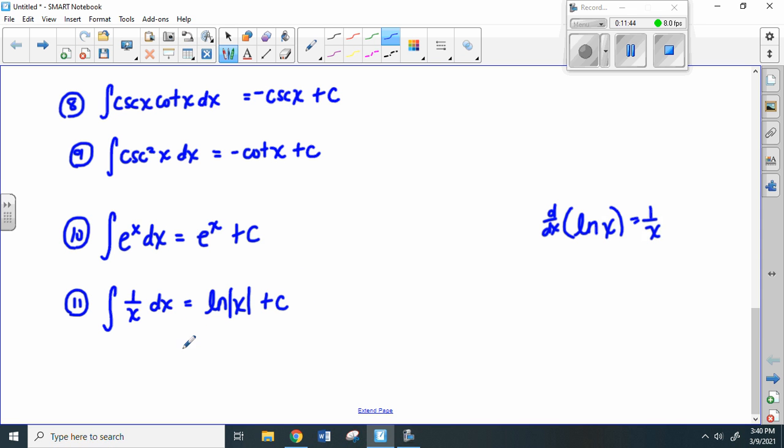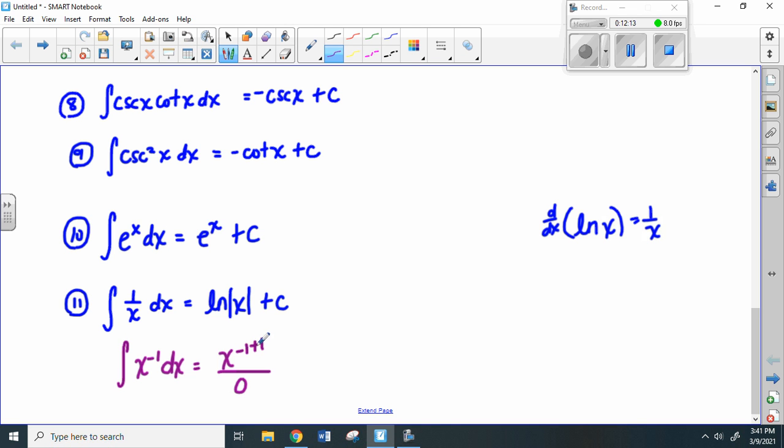Now, I want to show you something else with this one. Another way to write 1 over x is to write it as x to the negative 1. Well, then that kind of looks like the power rule. But what happens if I apply the power rule, which means I add one to the power and then divide by the new power?